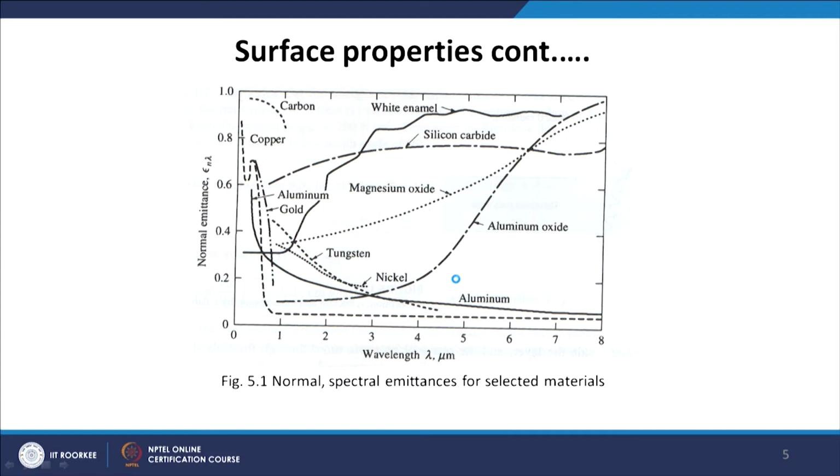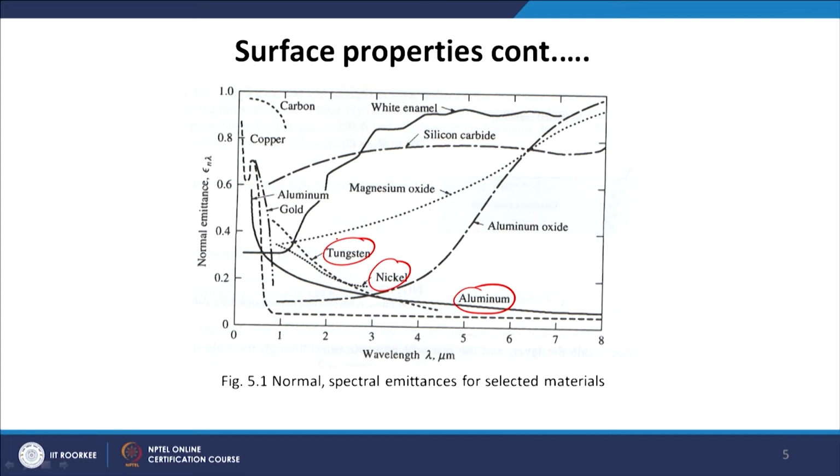On this slide you see the normal emittance, which is basically 1 minus the normal reflectance, for some materials including metals and non-metals. What we see is the wavelength dependence of this emittance, and we observe that for most of the spectrum the metals, aluminum for example, nickel, tungsten, have a very small value of emittance.